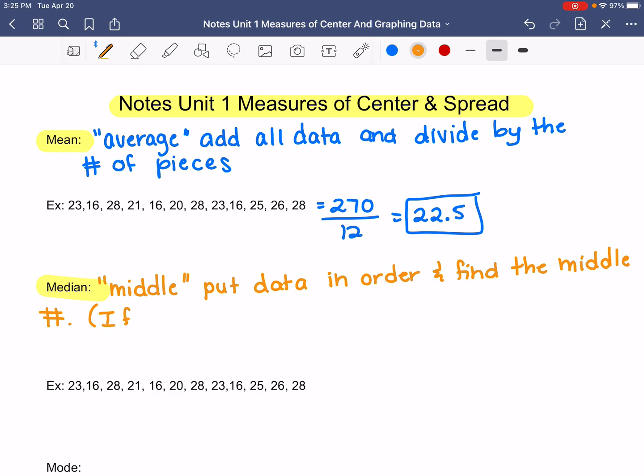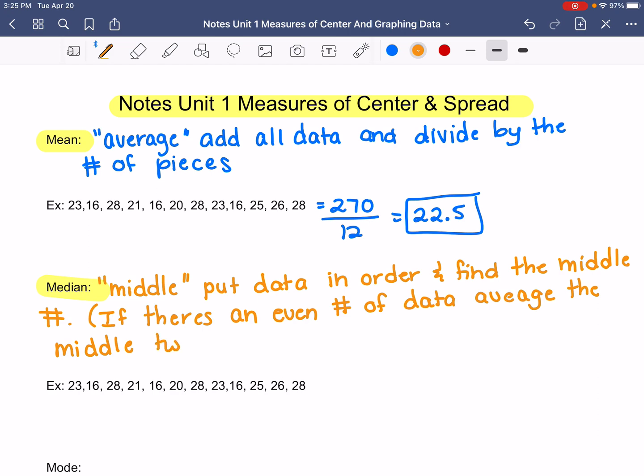If there's an even number of data though, you're going to have to average the middle two. So we have 12 pieces of data, therefore we're going to need to average the middle two.